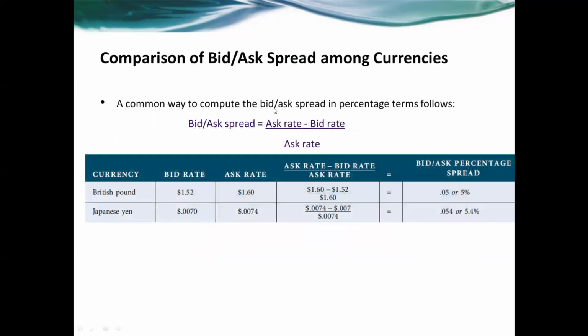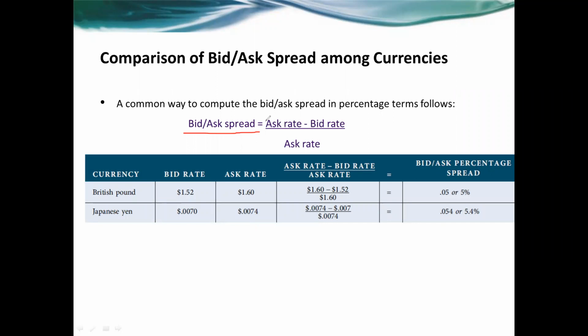That difference between the bid and ask, we call the bid and ask spread. Based on this spread, we can confirm whether the foreign exchange market is running efficiently or not. So how are we going to calculate the bid and ask spread?